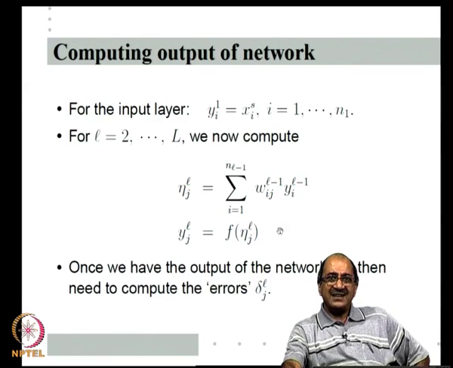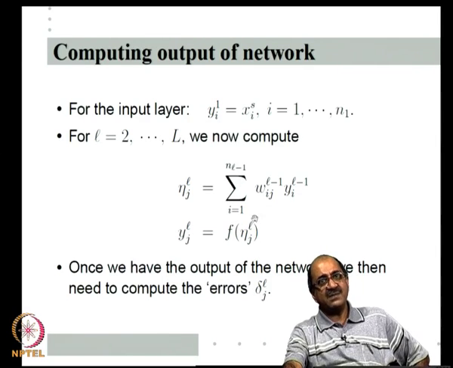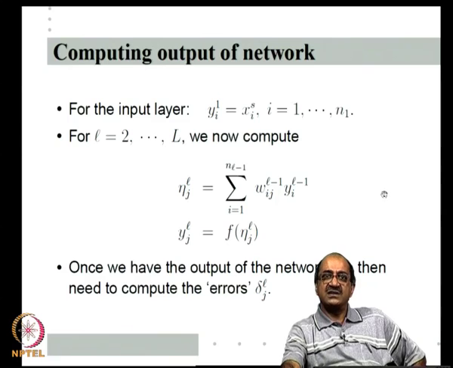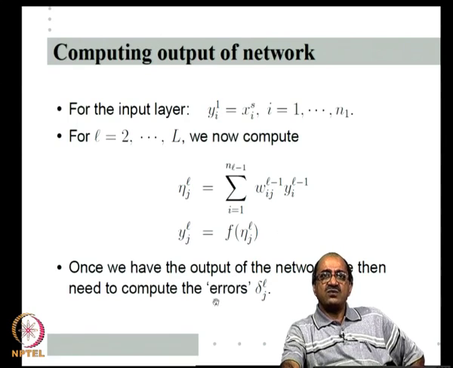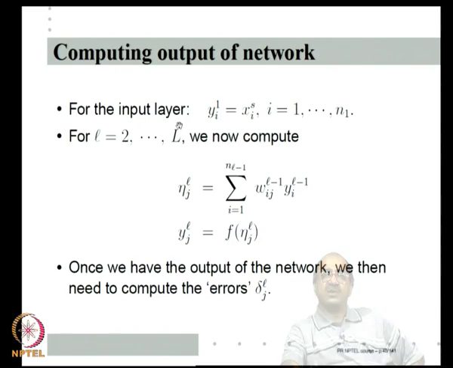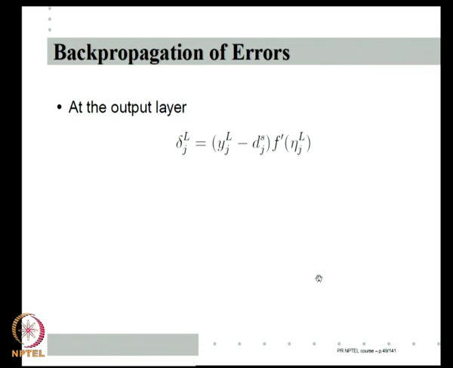So, essentially for the forward computation, for every weight in the network, different weights are in different layers, but for every weight in the network, I have to do one multiplication, and for every node in the network, I have to do one function computation. Once we do it all the way up to layer L, we have the output of the network, and now we can start calculating the errors.